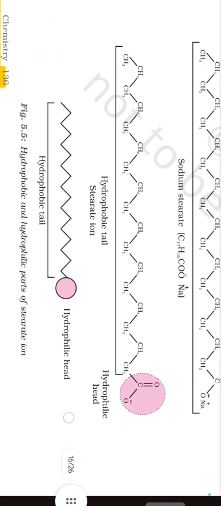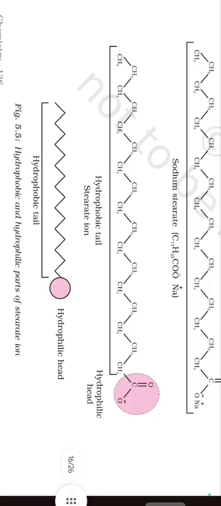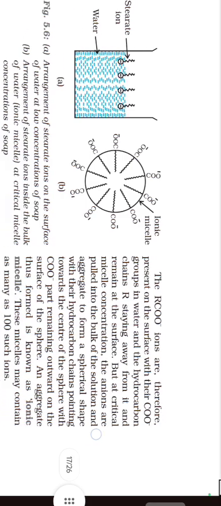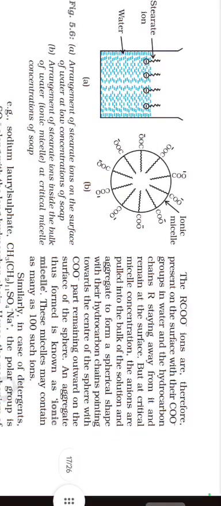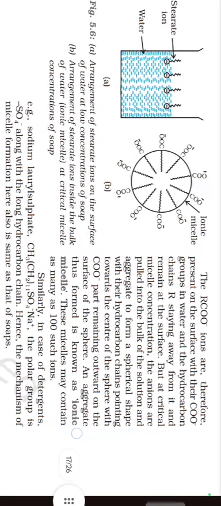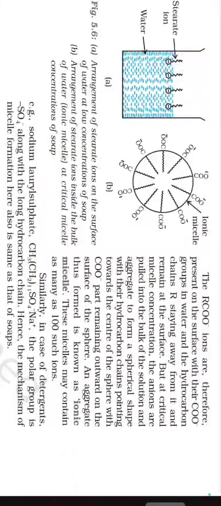Figure 5.5. Hydrophobic and hydrophilic parts of stearate ion. The RCOO⁻ ions are therefore present on the surface with their COO⁻ groups in water, and the hydrocarbon chains are staying away from it.